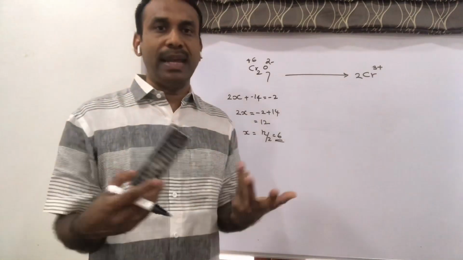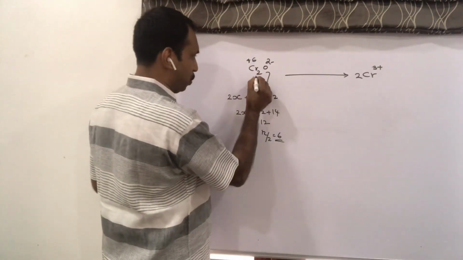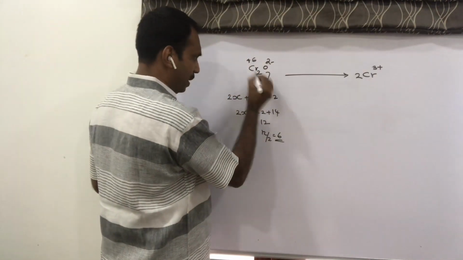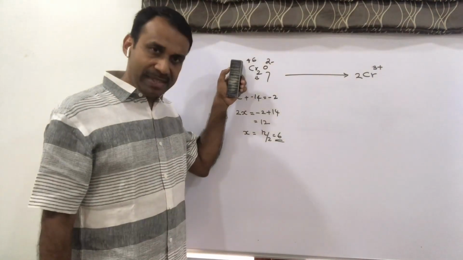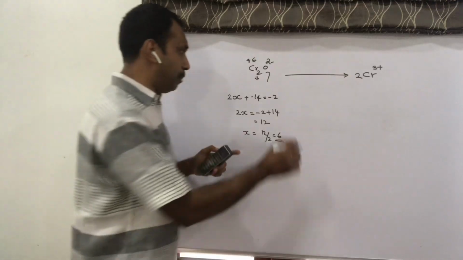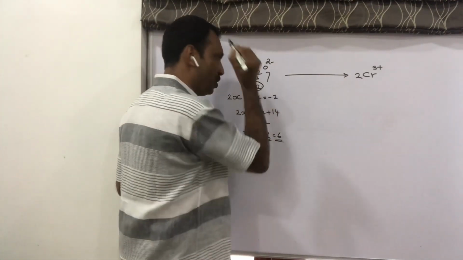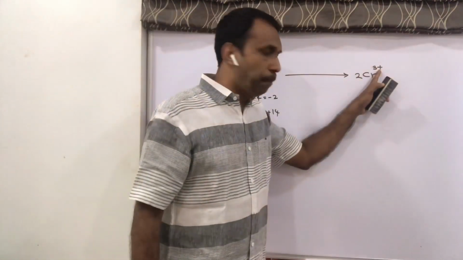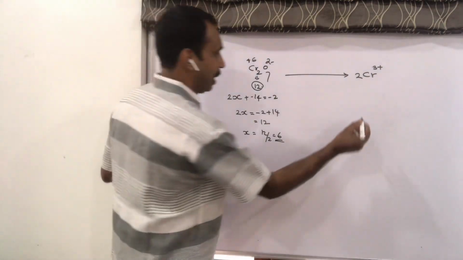Now how many Faradays are required? Listen, here there are 2 chromium, so we should consider the total charge of chromium. Charge of 1 chromium +6, total charge of 2 chromium, 6 into 2, 12. Here total charge 12. Here 3 plus, 1 chromium, 2 Cr3 plus, so total will be 6.